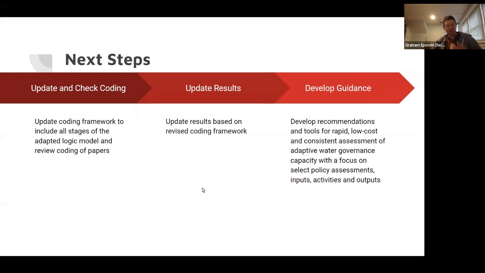Rather, there is a gap: we have lots of people doing a very detailed job using triangulation to assess adaptive water governance capacity in single cases, and we need these. They add a lot of depth, and they are very useful within a particular case.